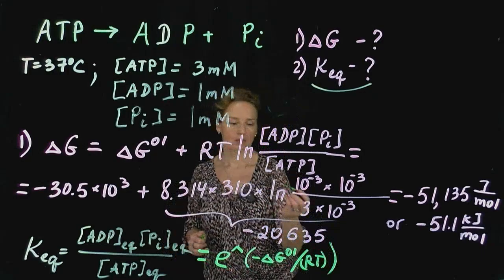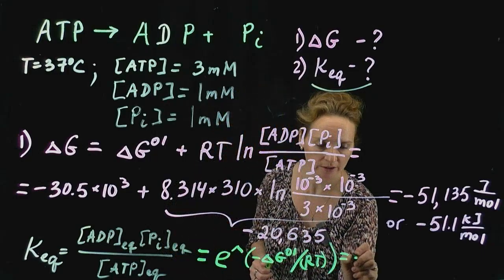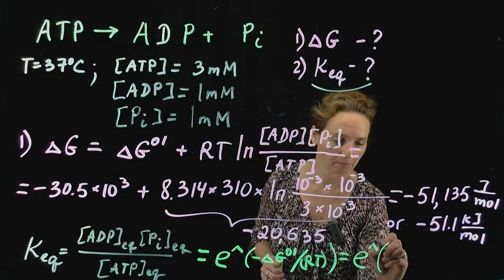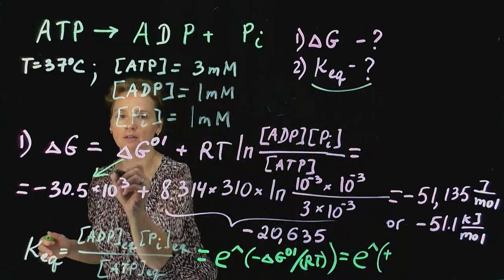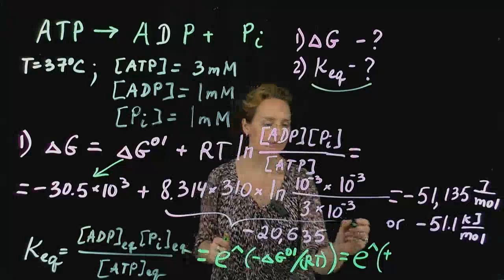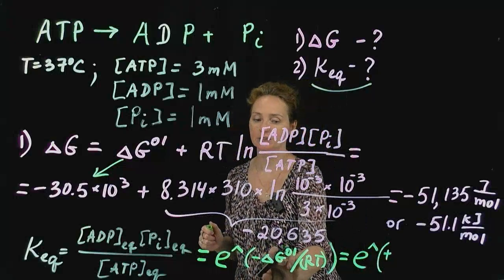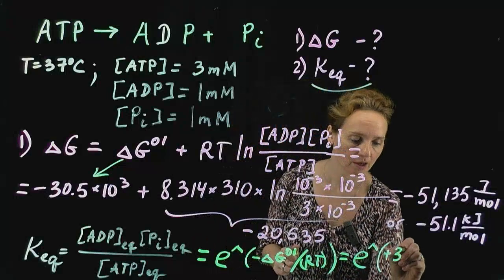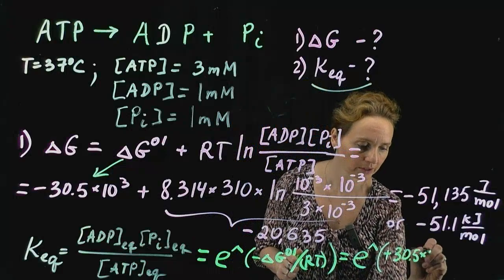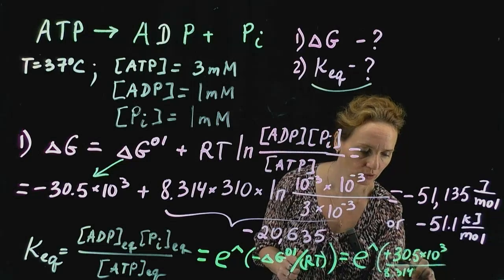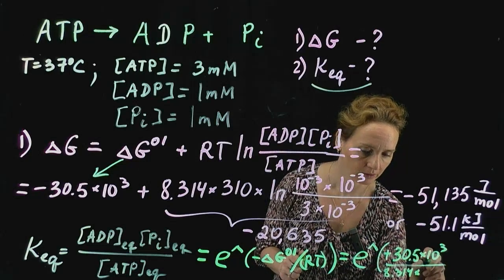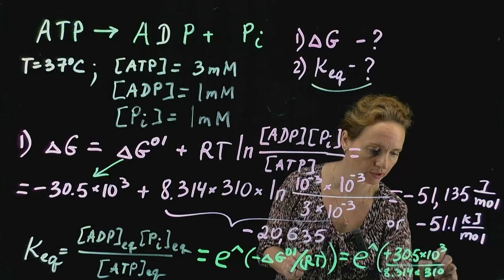And so we can calculate it as plus, because this is our delta G naught prime, it's negative. So when we put minus delta G naught prime, it will be plus 30.5 times 10 to the third over 8.314 over 310.